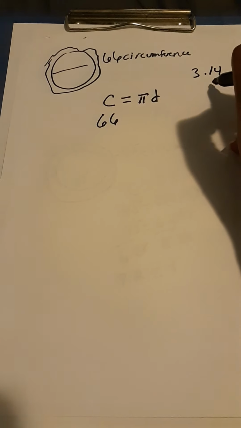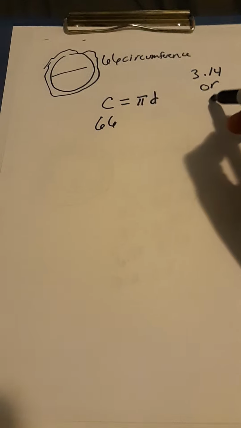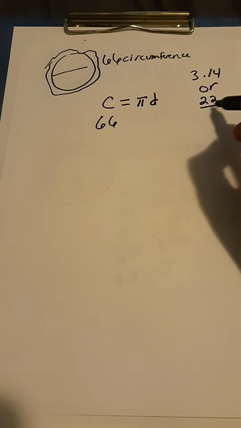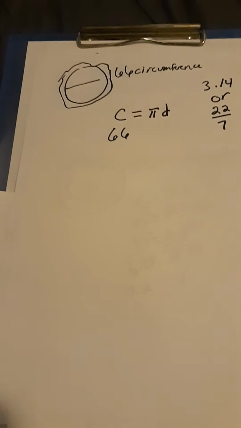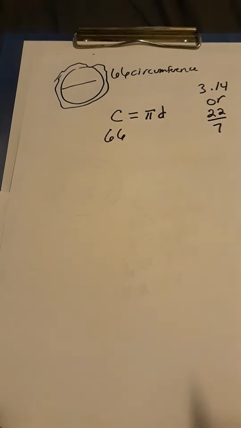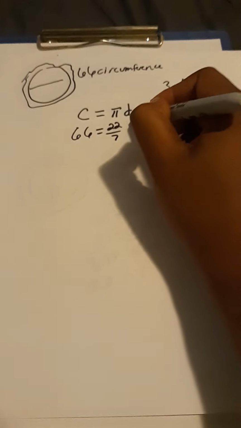I'm going to fill in what I know. I know the circumference is 66. Now, pi is usually expressed as 3.14, or it can be used as a fraction of 22 over 7. So in this case, I'm going to use the fraction. It's equal to 22 over 7, and I'm looking for the diameter.